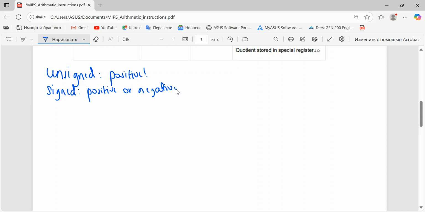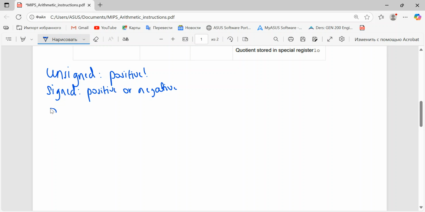And how do we work with them? If we have an unsigned number, the thing is each register in MIPS has 32-bit format. But if we have a number in the code part, let's say 16 bits or 8 bits or 24 bits, it doesn't matter. If it's less than 32 bits, we have to extend the number up to 32 bits.